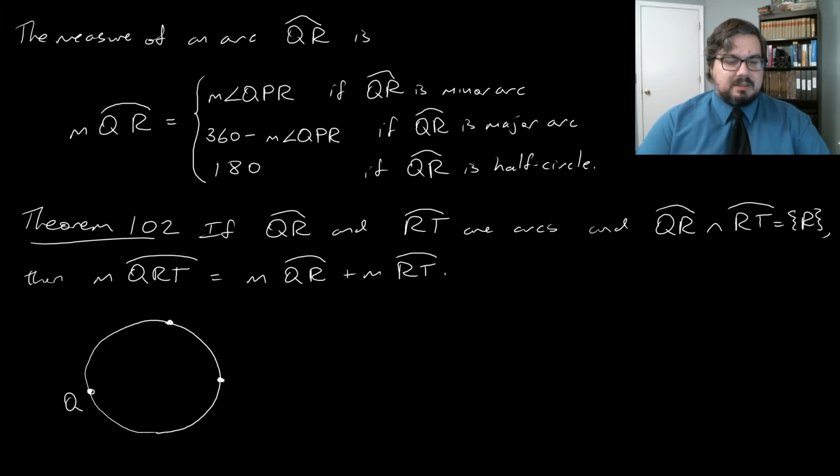So let's say we've got the points Q, R, and T, and we're looking at the arc QR and the arc RT.